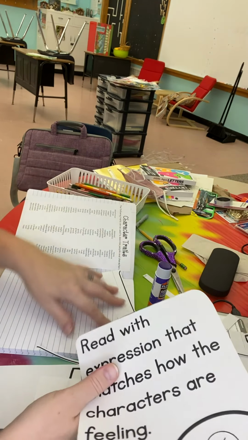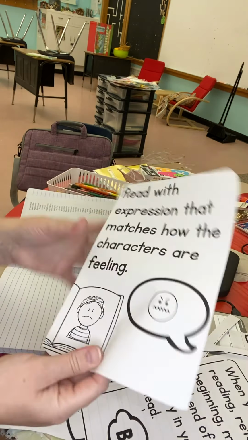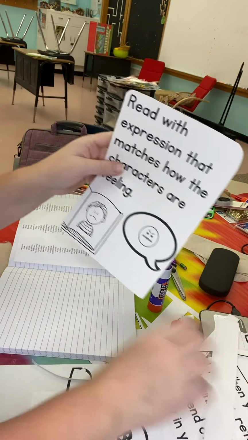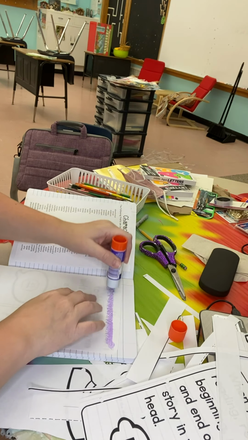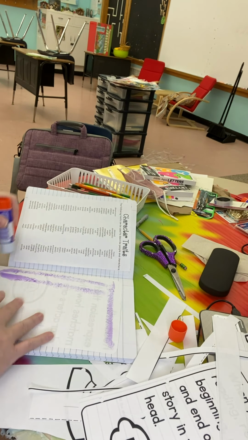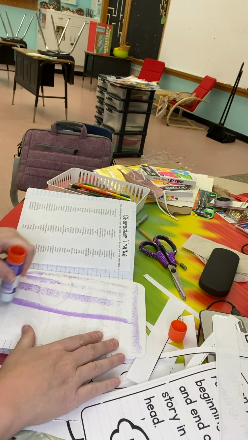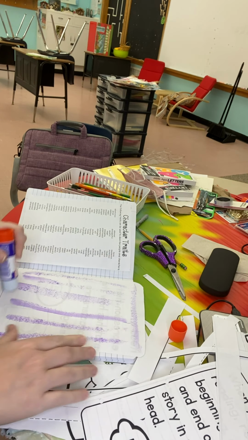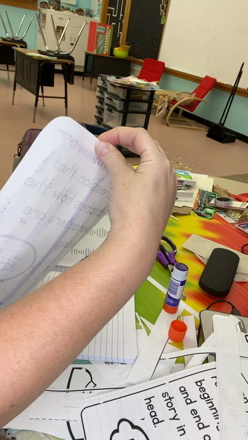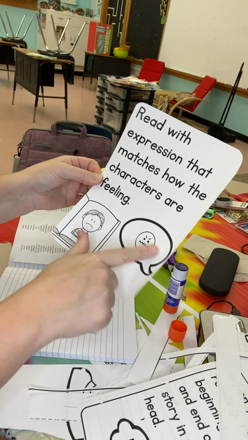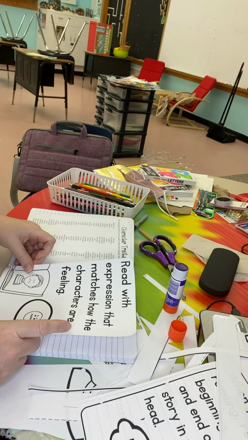Once that's cut out, oh, you can color it first if you'd like. Color it, make it look beautiful. Just make sure that you can read all the words. That's the only thing I request. Make sure that you use light enough colors if there's words on it that you can see. But really, on this one, I would just color the book and the boy and this. I wouldn't color the words.